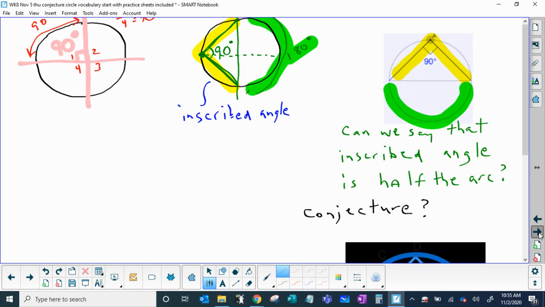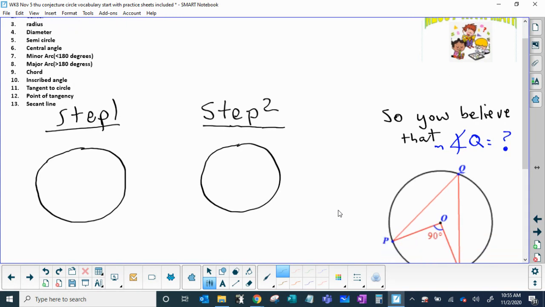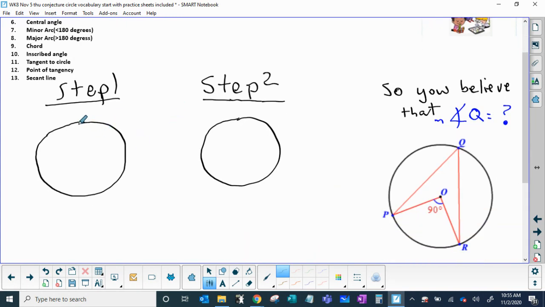Now let's go one step beyond. We all agree that if I go here and I go here and I make a 90, this is called a central angle.